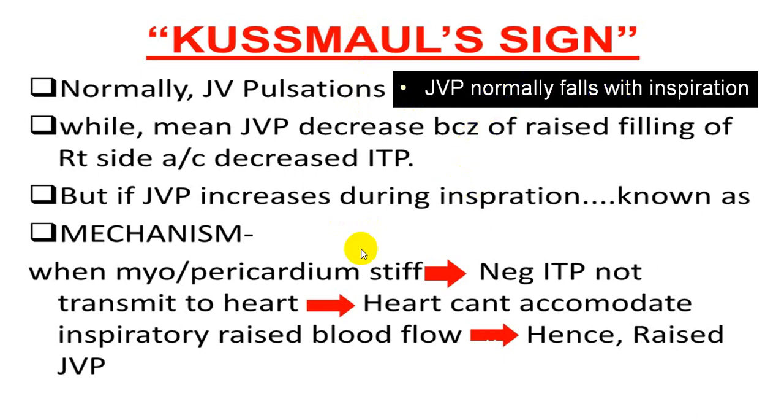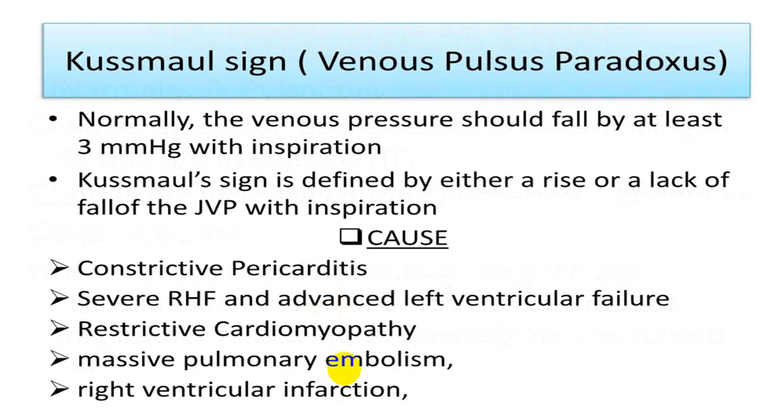In place of that, if there is an elevation of JVP during inspiration, we call that a Kussmaul sign, and it is characteristic in a case of constrictive pericarditis rather than what we call cardiac tamponade. Kussmaul sign is also called a venous pulsus paradoxus.